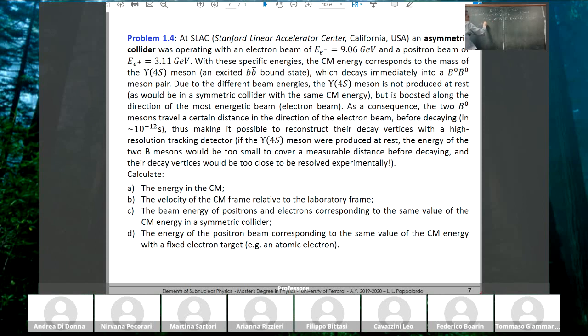So what we get here is that we collect the terms: E minus squared plus E plus squared minus E plus squared as usual, plus twice E minus E plus, and then plus twice E minus E plus again. The remaining terms are the mass of the electron squared and the mass of the positron squared, which is just the same, since electron and positron have the same mass.